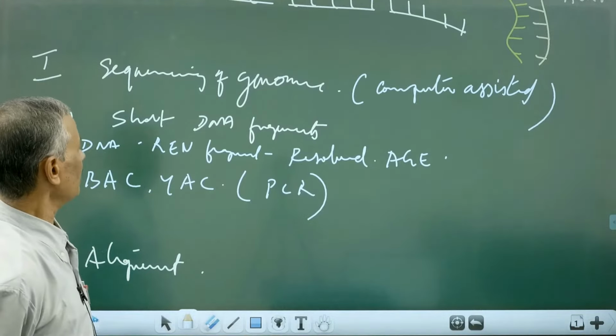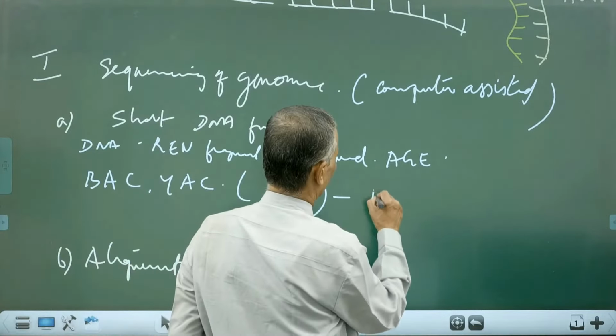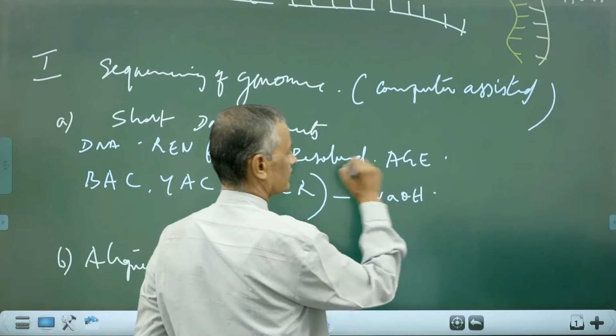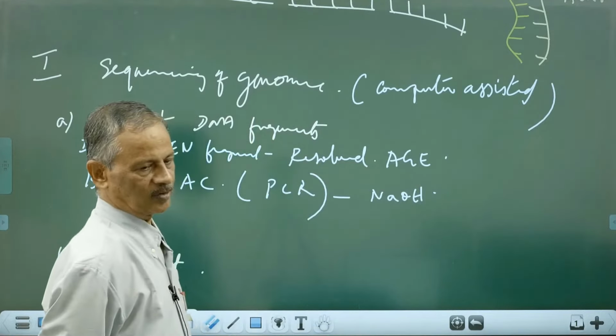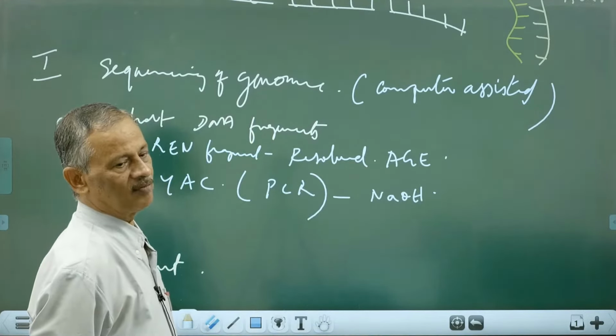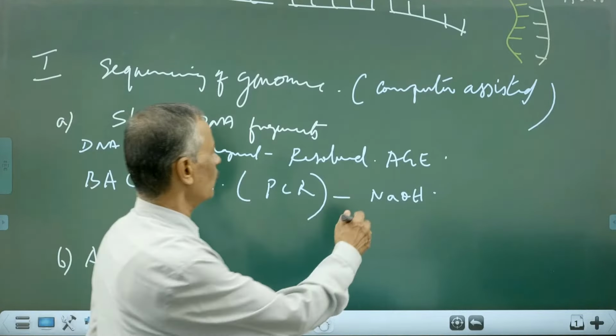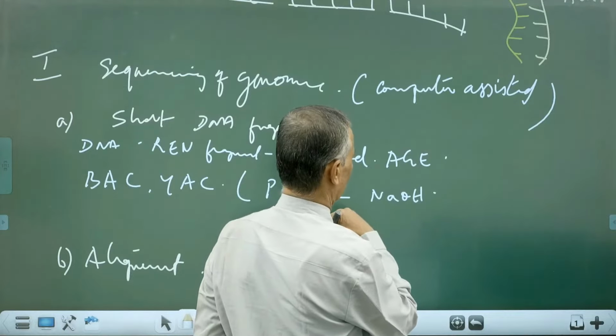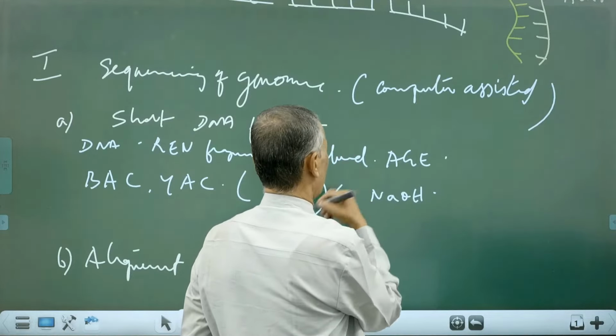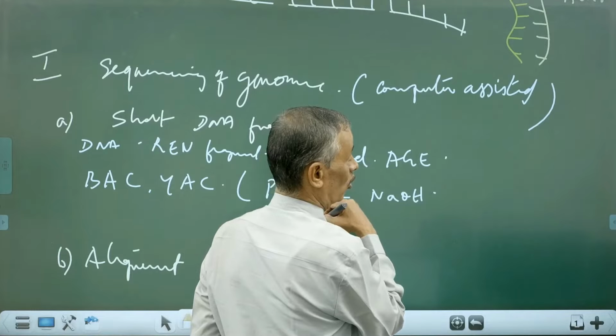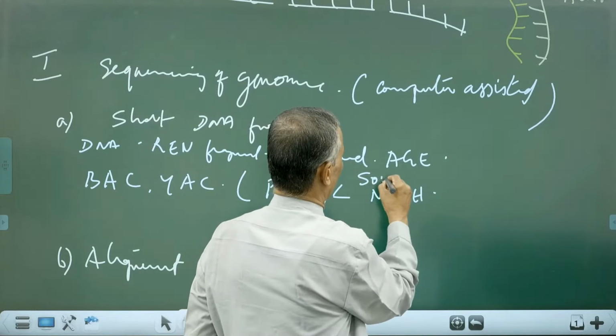So after that, they were treated with sodium hydroxide, alkali treatment, so double stranded DNA will be separated. Sometimes before sodium hydroxide treatment, they were transferred to nylon paper by Southern blotting.